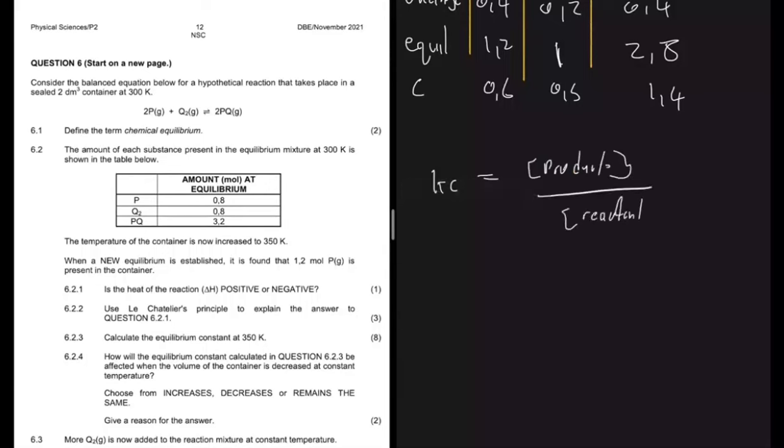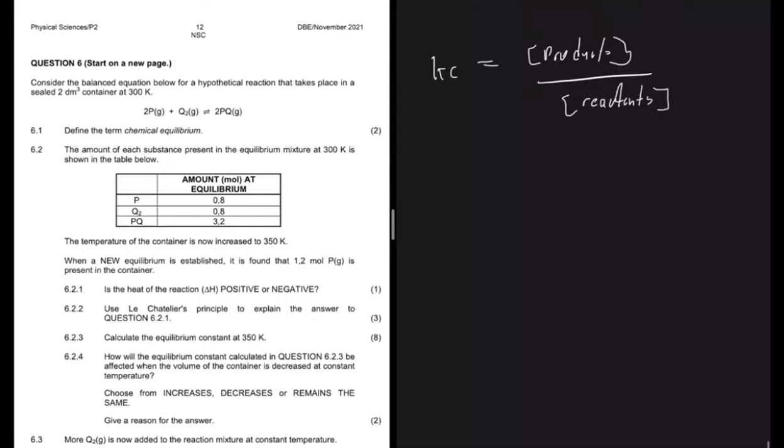So at this step, we can then say Kc equals the concentration of the products divided by the concentration of the reactants, right? And then this will be equal to the concentration of PQ squared. Where is the squared coming from? The squared is the balancing coefficient. When you put the concentration, you have to raise it to the power of the balancing coefficient.